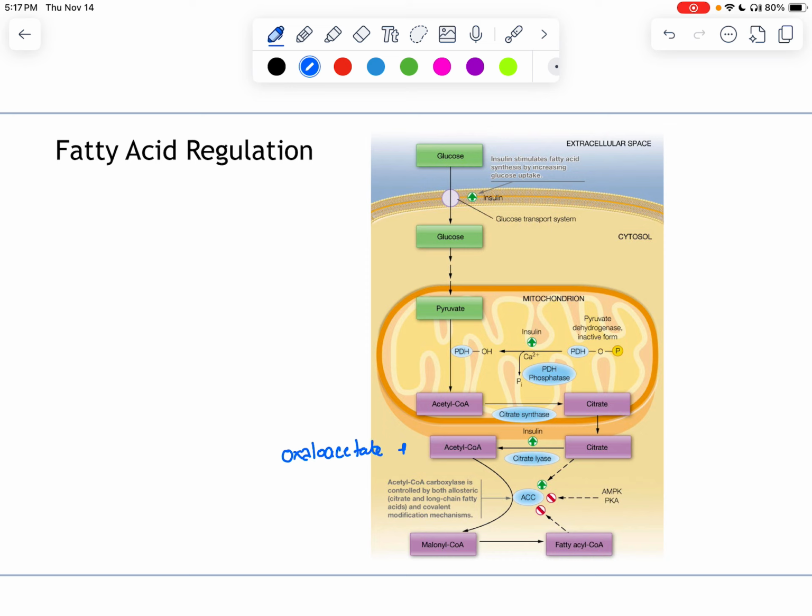But the part we care about here is that acetyl-CoA. And then here's what we've been talking about. This reaction right here is taking acetyl-CoA to the activated malonyl-CoA. After we make the malonyl-CoA, now I can keep making the fatty acid, but this is our rate-determining step right here, our control step.